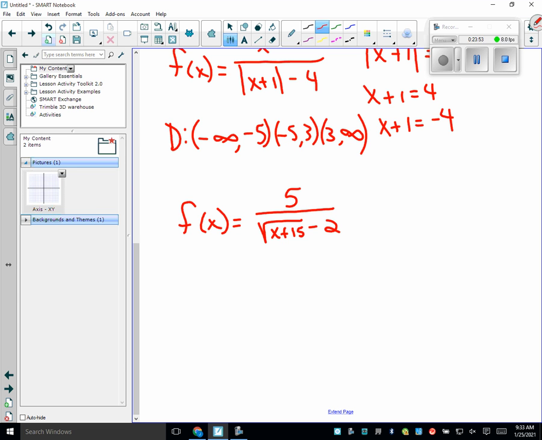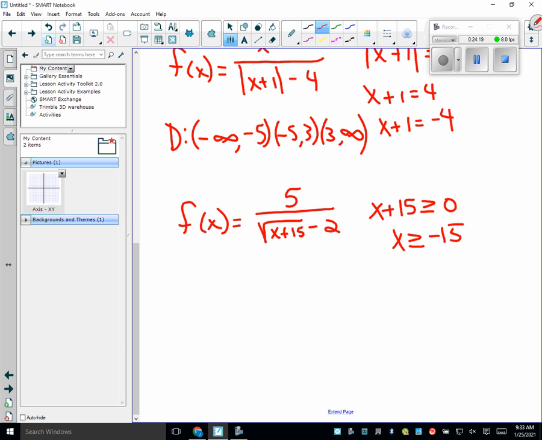First of all, what has to be under my radical? Does x plus 15 have to be greater than or equal to 0? Isn't that true? So x has to be greater than or equal to negative 15. That's my first restriction.